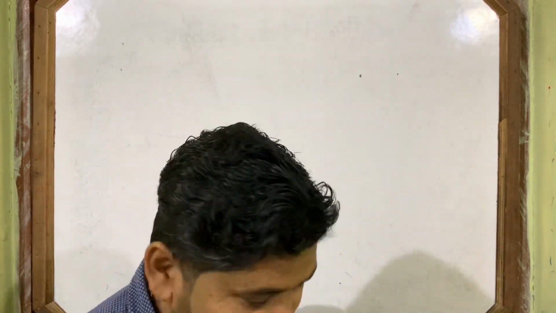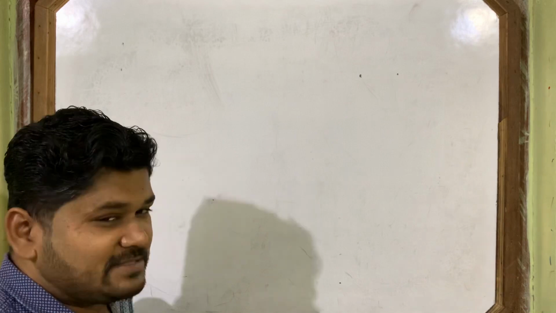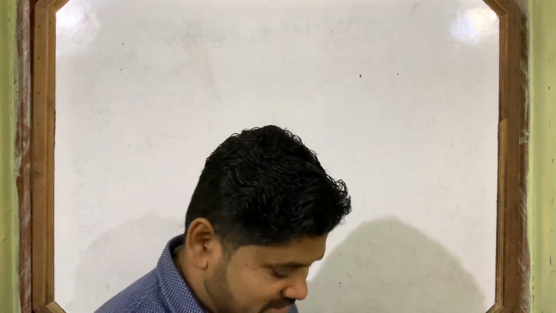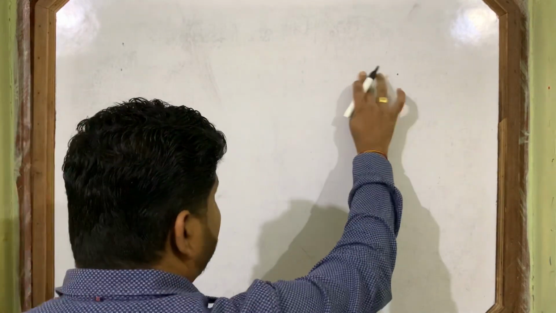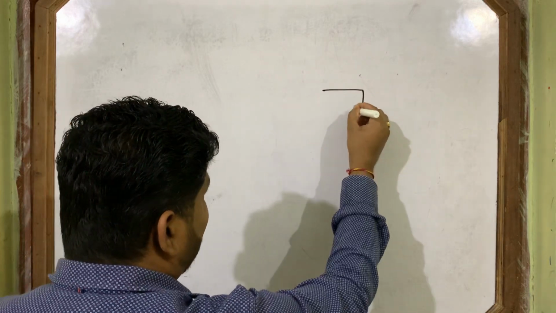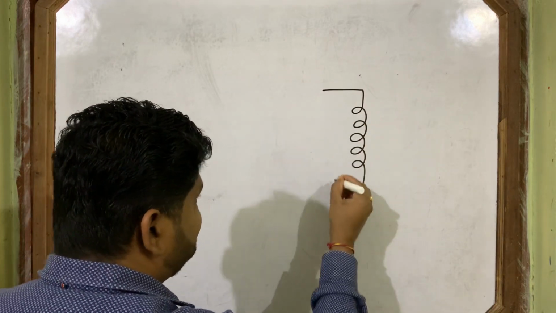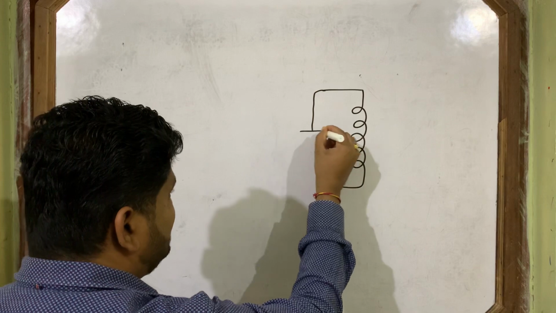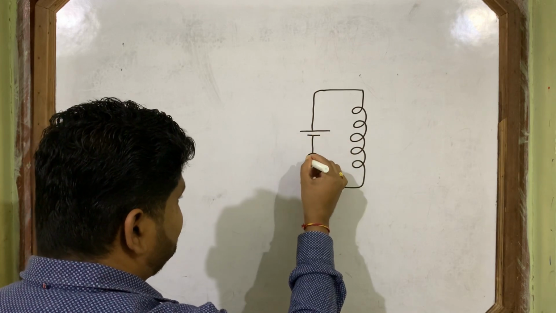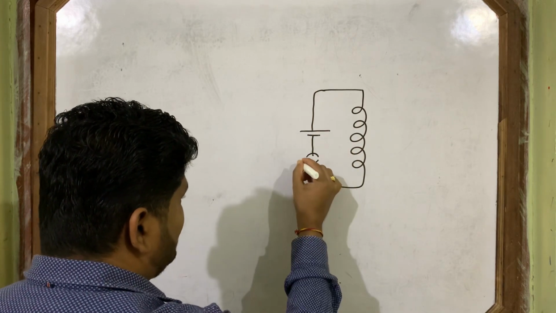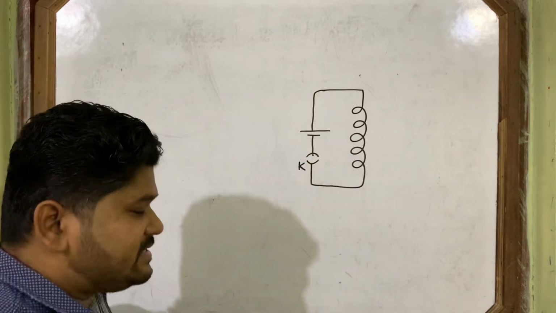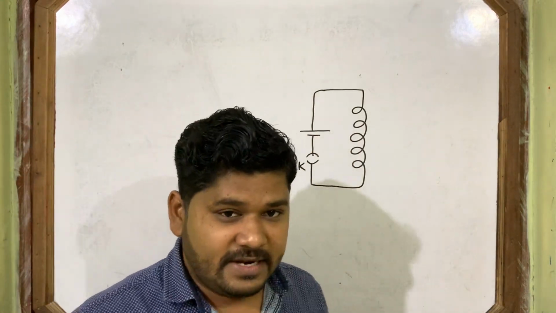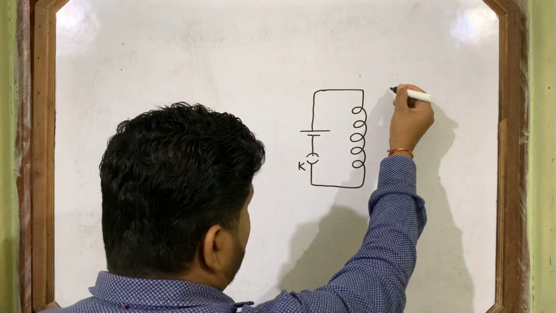But today, what I am going to discuss, you will come to know after the analysis of a small experiment. So now let's start. This is one coil, kept here, and this coil is connected with a cell and one key. This cell provides direct, constant current.